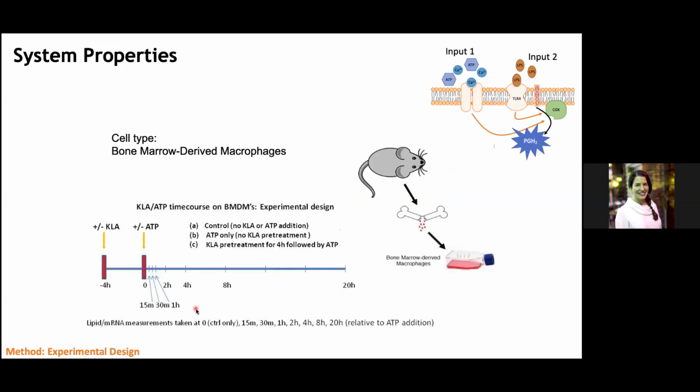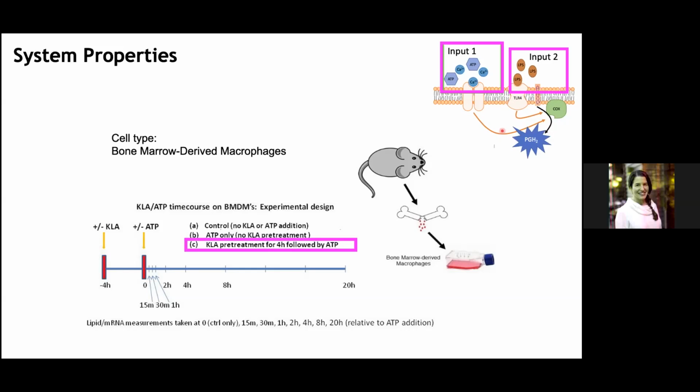Now I'm going to describe the experimental setup which we use to model this system. We have a control case in which no COX activation is happening. We have a treatment case which induces a calcium ion flux into the cell and activates the COX enzyme.